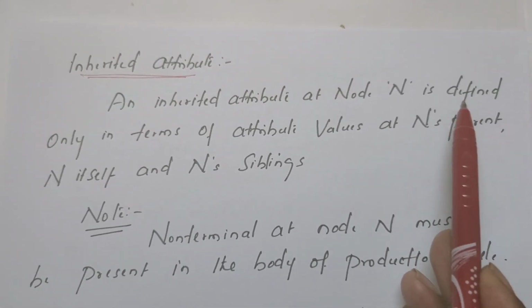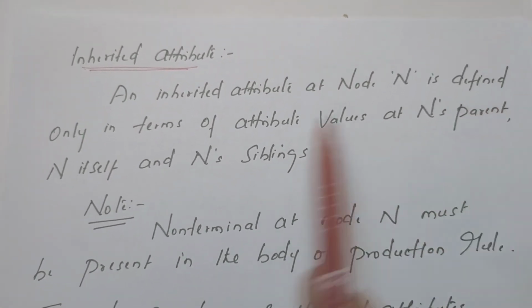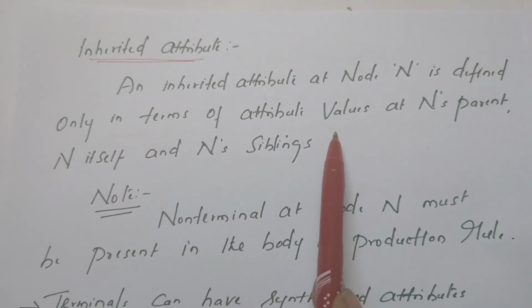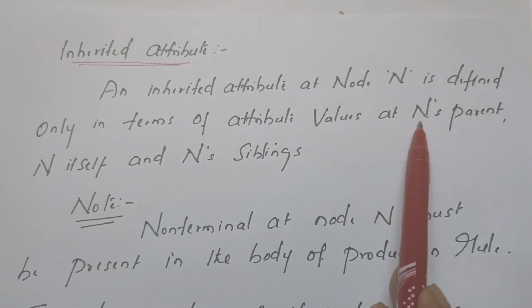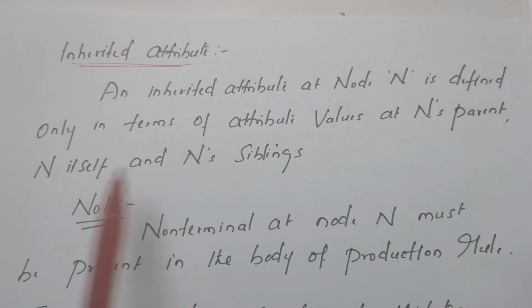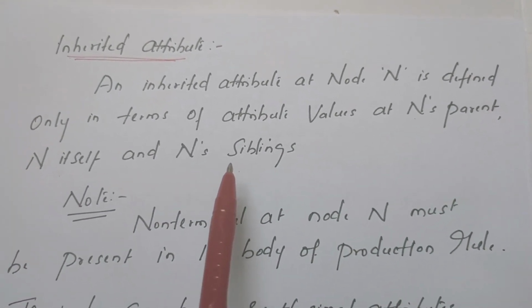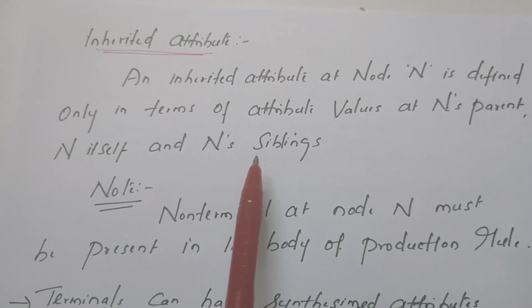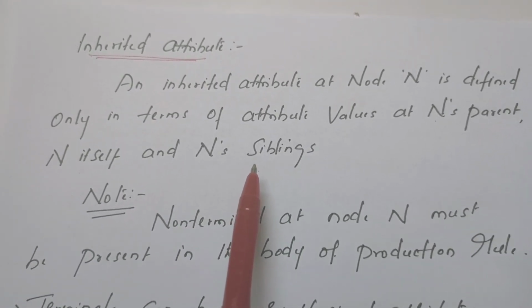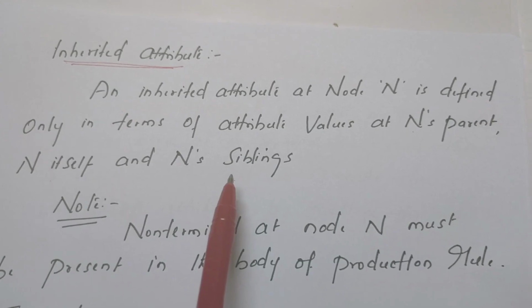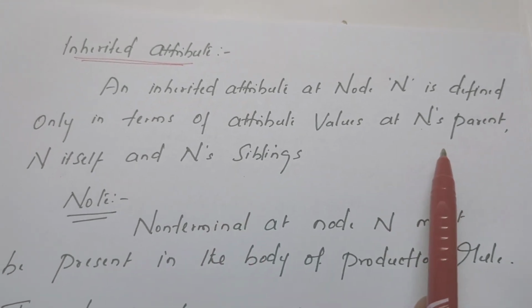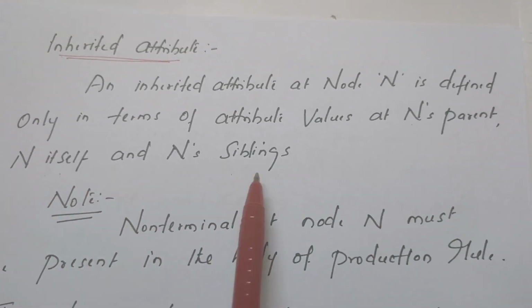It can be calculated in terms of attribute values from a node, maybe its parent or n itself, or from its siblings. Synthesized attribute is calculated from its child nodes or from the node itself, whereas inherited attribute can be calculated from its parent node, that node itself, or from its siblings.